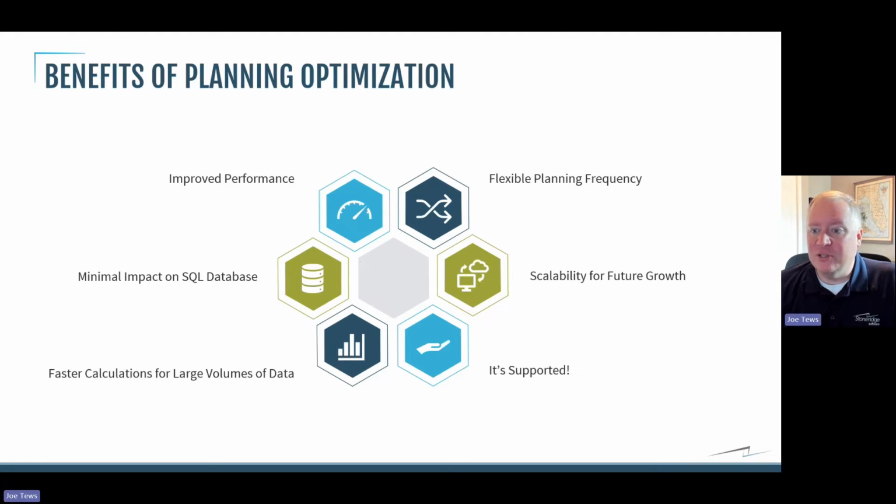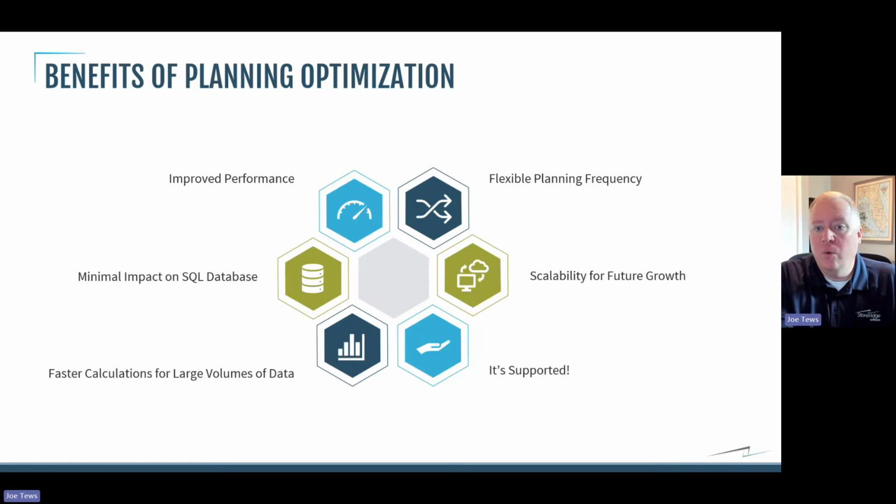I've personally seen a large distribution customer cut their time from 13 or 14 hours of running master planning to under 10 minutes. It's phenomenal, the performance increases that you can gain with planning optimization.